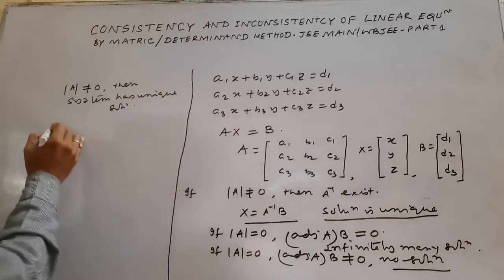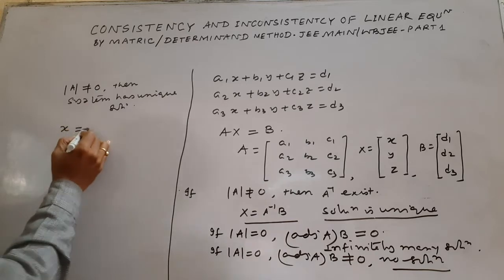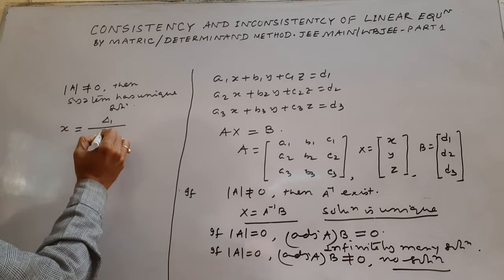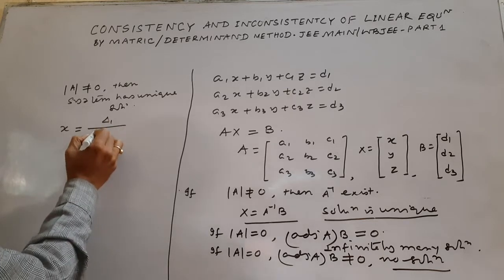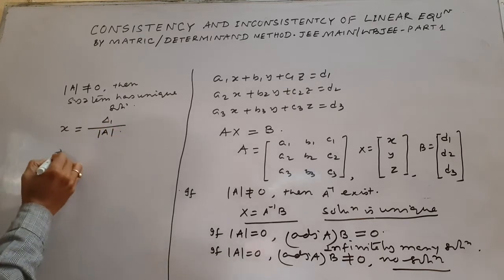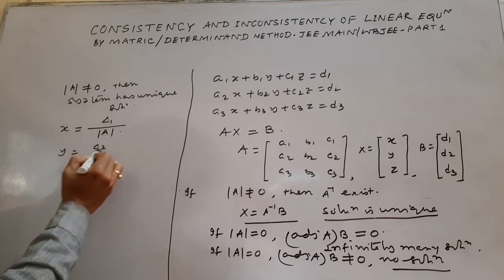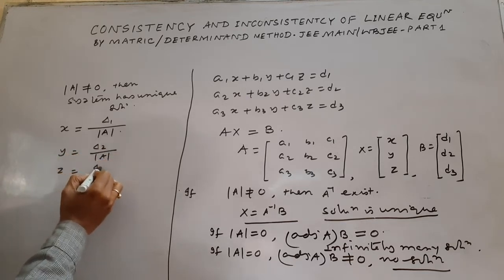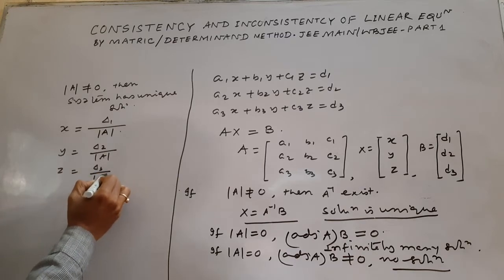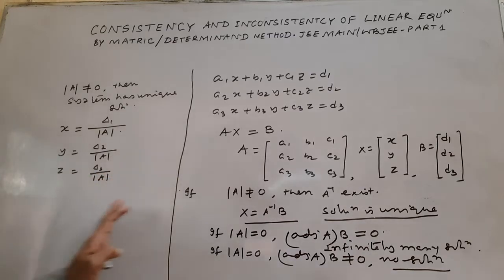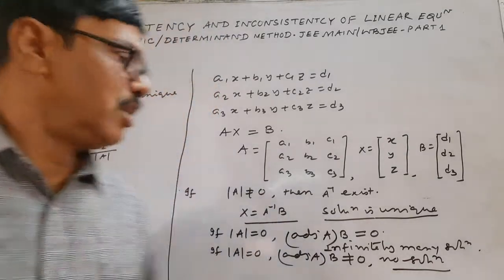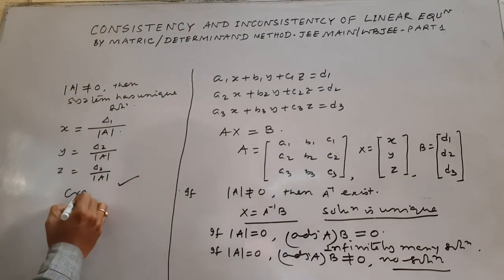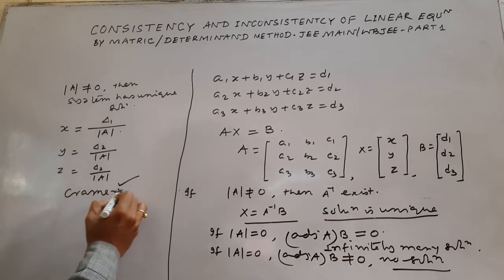So what is x? X equals delta 1 by determinant A, y equals delta 2 by determinant A, z equals delta 3 by determinant A. Or we can write determinant A as D. This method is called Cramer's rule.